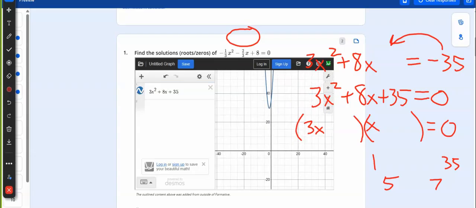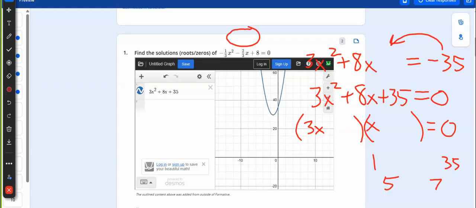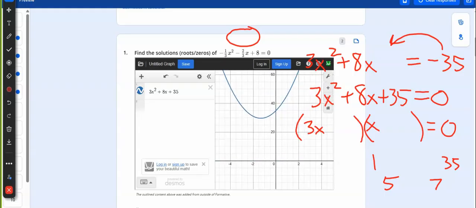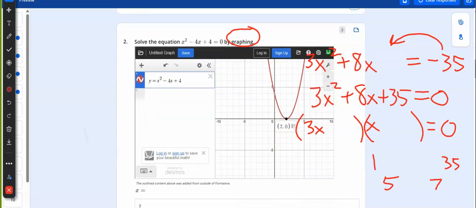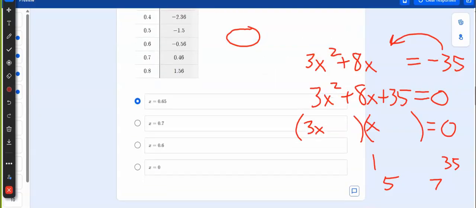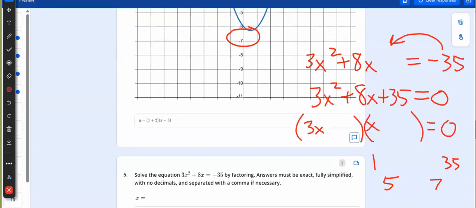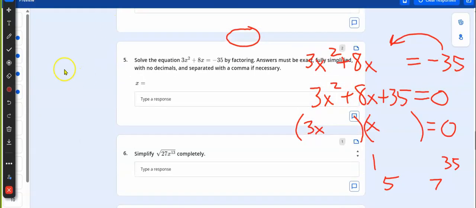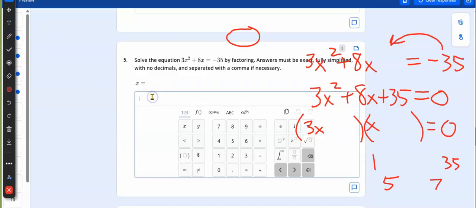What does it mean when a parabola doesn't cross the x-axis? There's no solution. There are no solutions. That's why we were struggling to factor this, because I was supposed to type no solution.